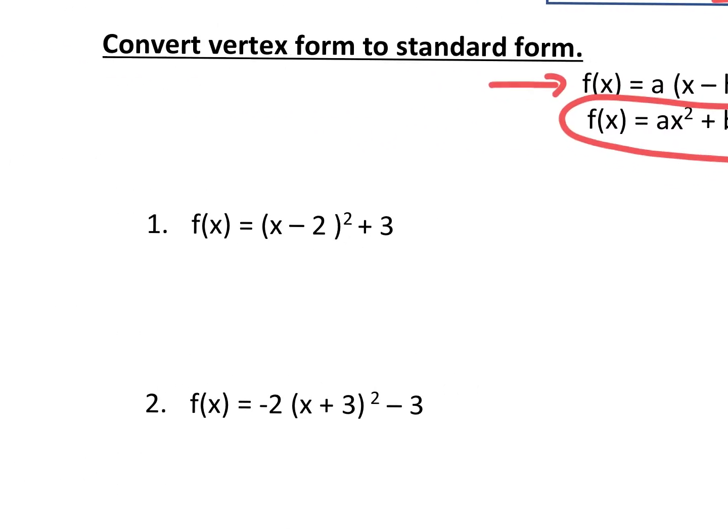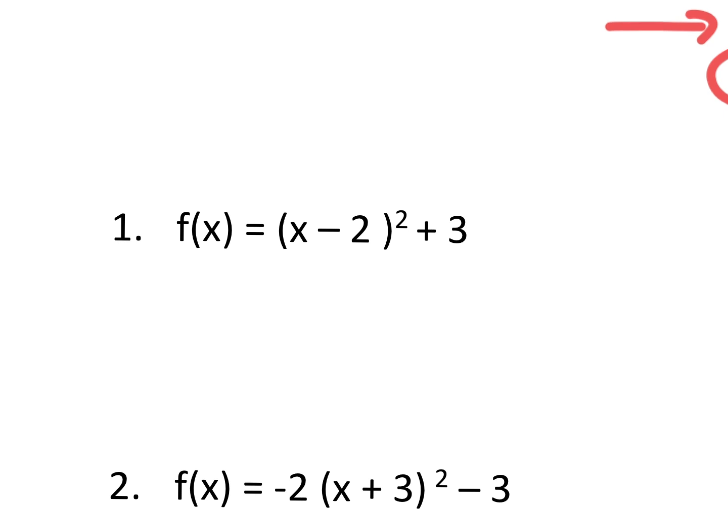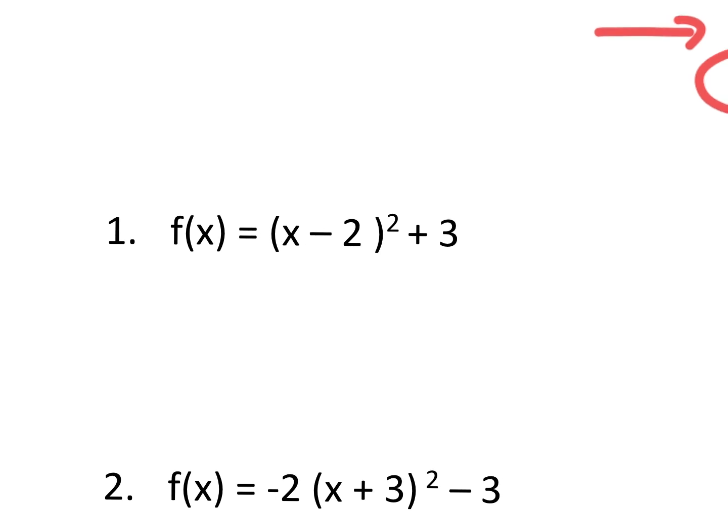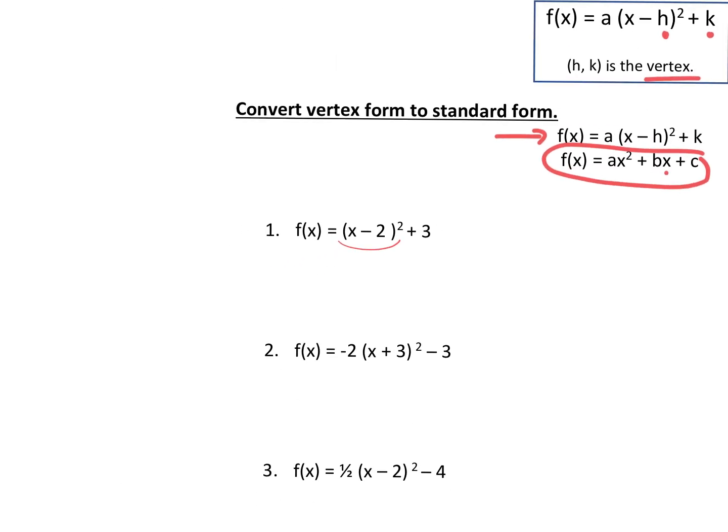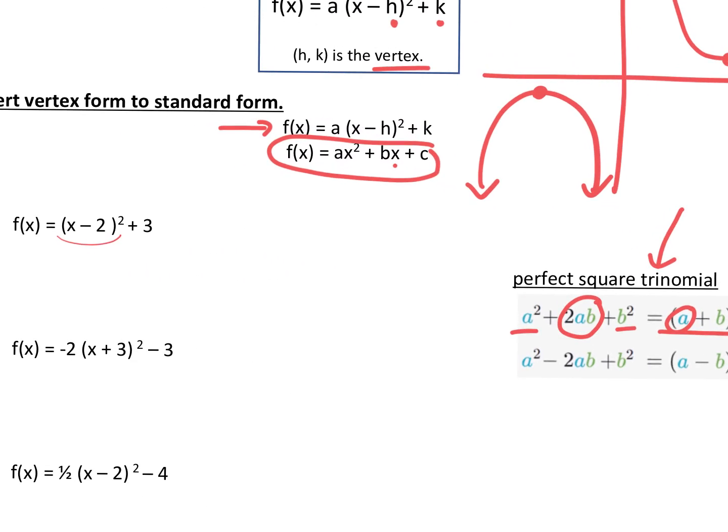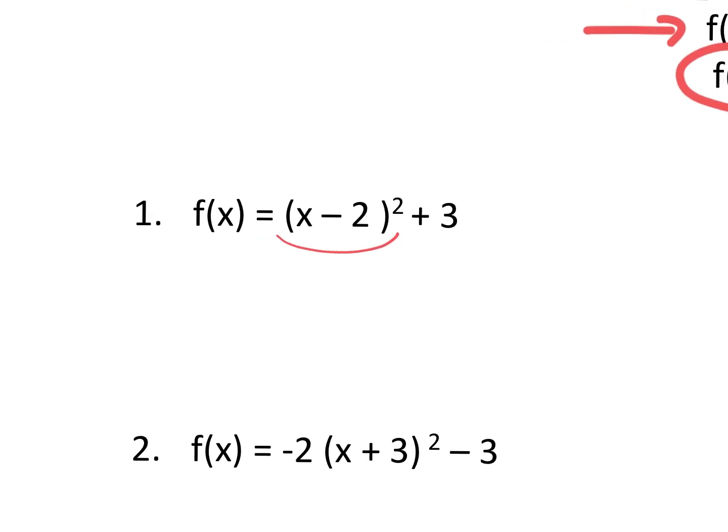All right, number one, this is a vertex form, and our job is to expand and turn it into a standard form. So we can turn this into a perfect square trinomial. Okay. All right, so we're gonna square the first term, so x squared.